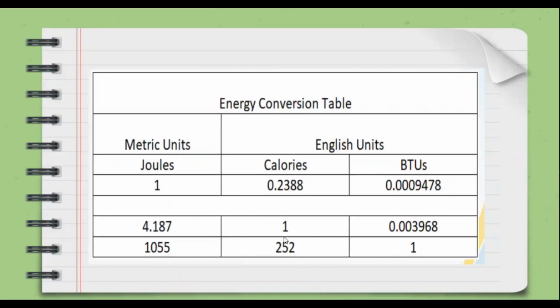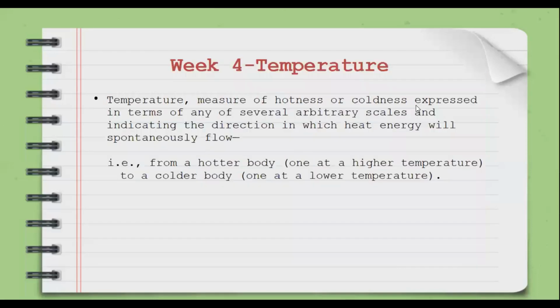For 1 calorie, it is also equal to 4.187 joules and 0.03968 BTU. For 252 calories, it is equivalent to 1,055 joules and then 1 BTU. Again, this conversion table will be your reference as well.